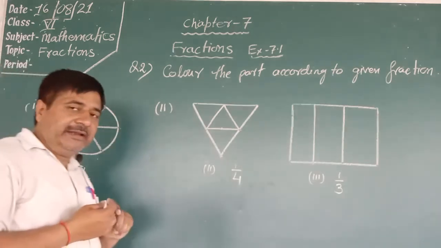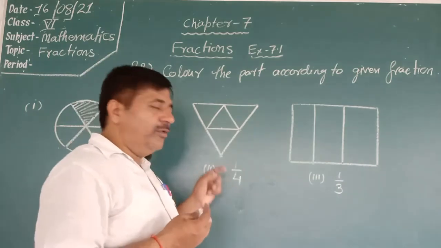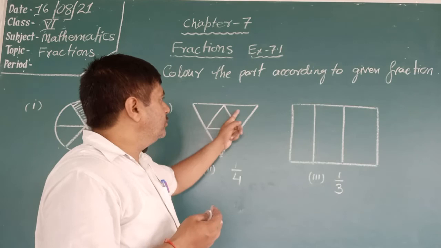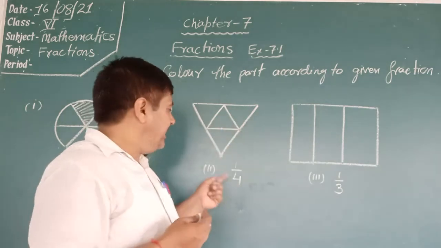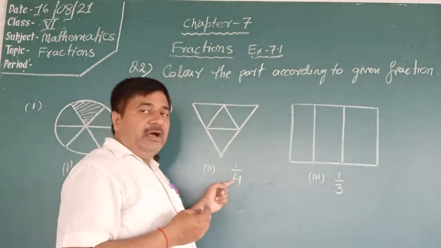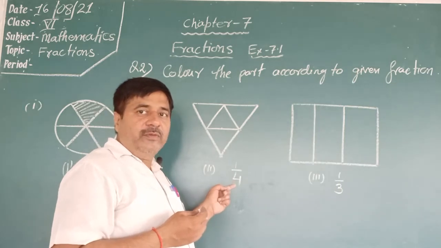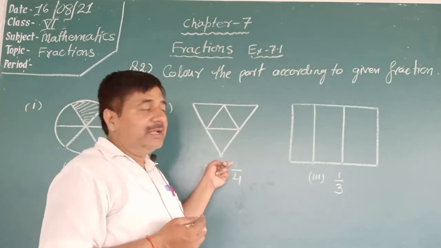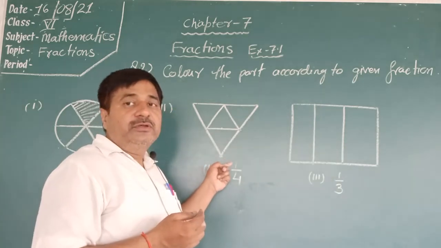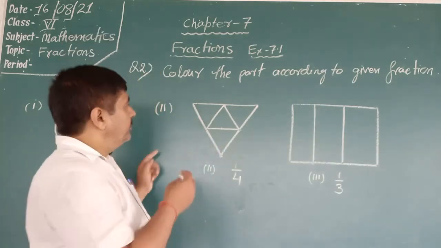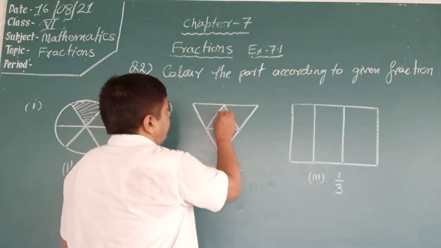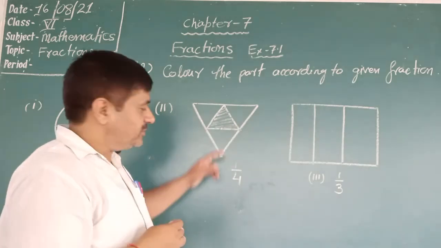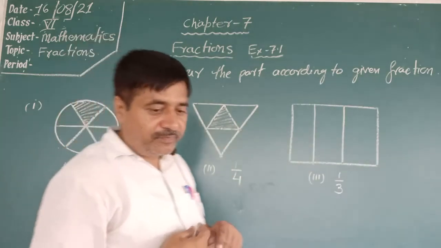Okay, and here 1 by 4. How many parts does the triangle have? 1, 2, 3, 4. In the denominator you have 4 parts, and in the numerator write 1 part. Then you make 1 part shaded. So this is 1/4.